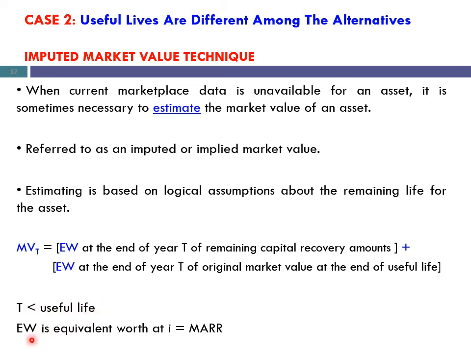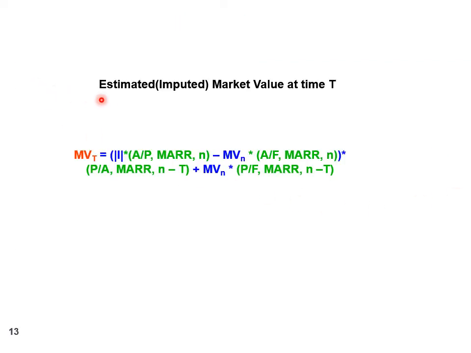Here we use EW to represent the equivalent worth of the capital recovery amounts and the original market value, using an interest rate equal to MARR. So this estimated or imputed market value at time T can be calculated by using this formula.